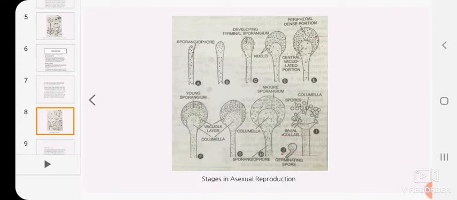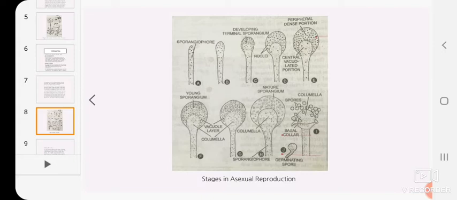Later on these fragments round off, they develop their own wall, and in this way sporangiospores are developed, and these are non-motile and multinucleate, and their wall is also thick.